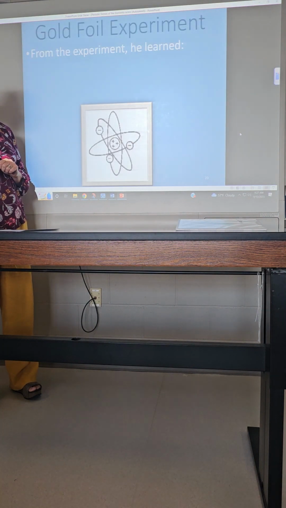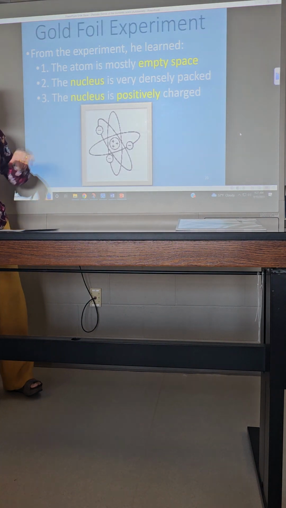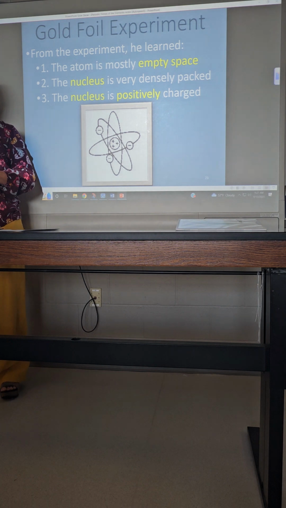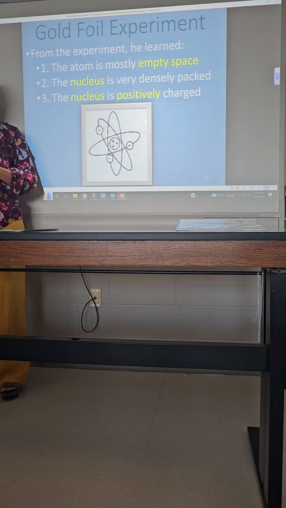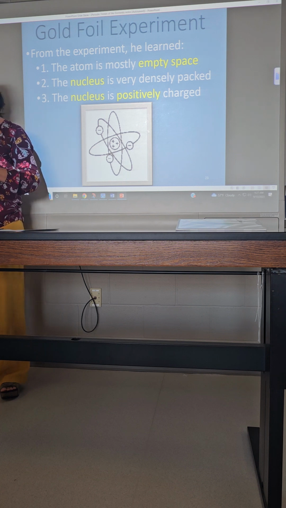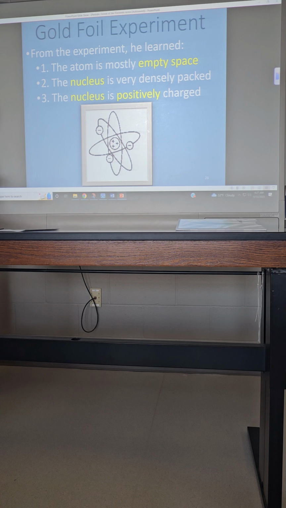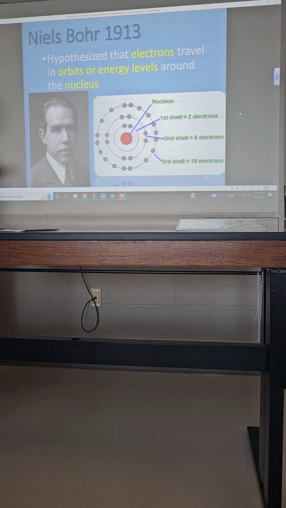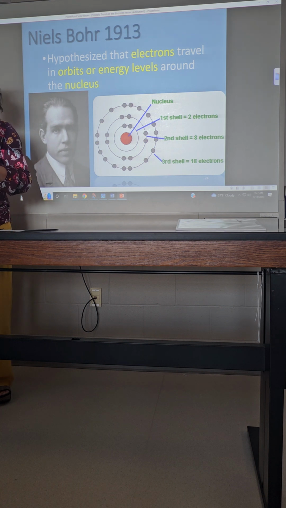And so that's the third piece of information that came from this, that the nucleus has to be positively charged. And we're like, duh, we know all that. Well, we know it all because of him, right? So this was a huge idea. And so I just like to show, you know, kind of that contribution.